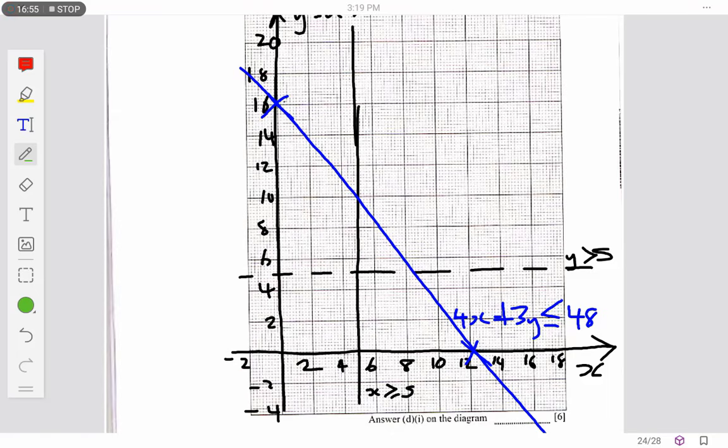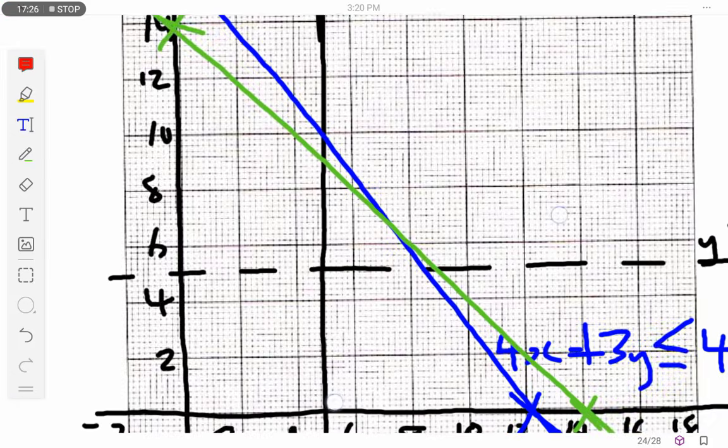So I've got 14 here and 14 here. Okay, fine. Is it making sense here? Let's see. So it's going to be like that. Okay, so this is my x plus y is less or equal to 14. So we have drawn everything there.